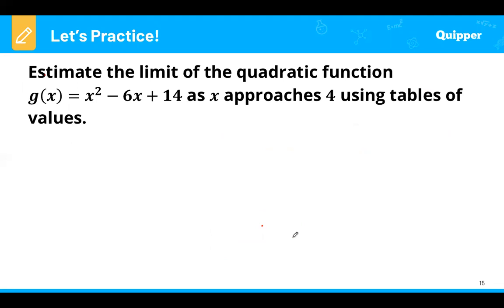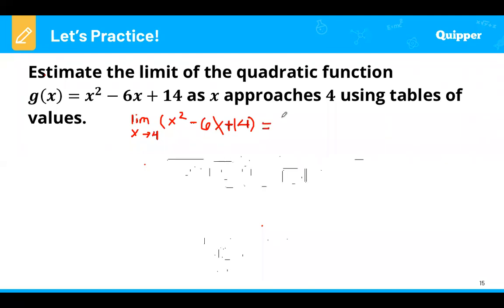So here we have the limit as x approaches 4 of x squared minus 6x plus 14, equals the estimation of the limit.